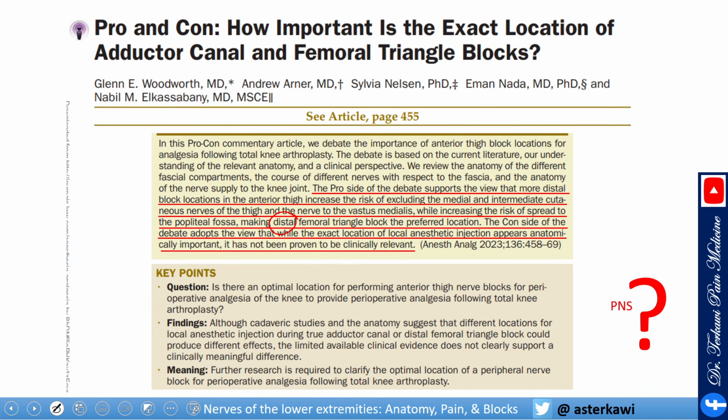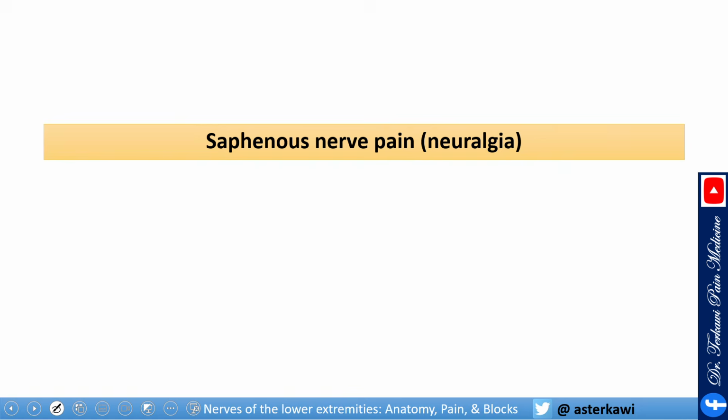So if you just go, let's say, mid-adductor canal, you catch the saphenous, you're not going to catch the nerve to vastus medialis. So this is why the level becomes more important. So you may need to go more up toward the distal femoral triangle and localize both nerves, stimulate them both, and make sure you are happy with the stimulation.